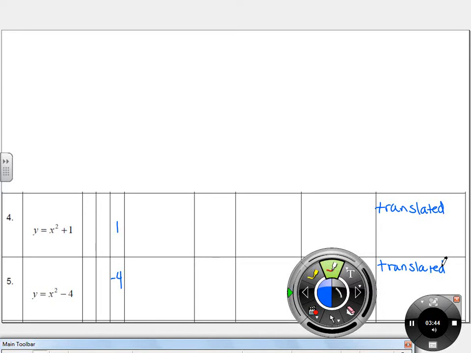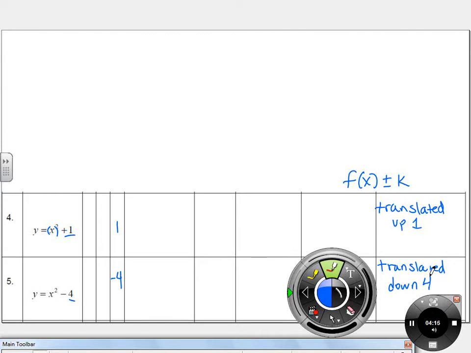Vertically. So like, remember on your organizer, at first the notation seemed weird, but hopefully we're getting a little bit used to it. It was the function, and then after the function was done, it said plus or minus k, right? Like a number came added or subtracted afterwards. That's what's happening right here. Our squaring was all done, and then we added something, and then we subtracted something. That's what's making it a vertical translation. Okay, so this graph was specifically translated up 1 unit, and this graph was specifically translated down 4 units.